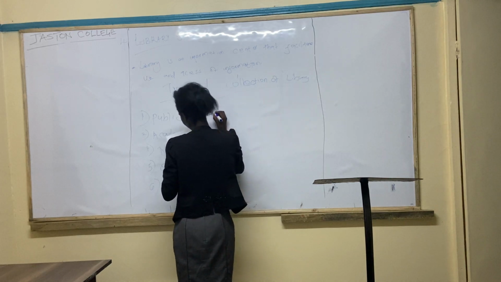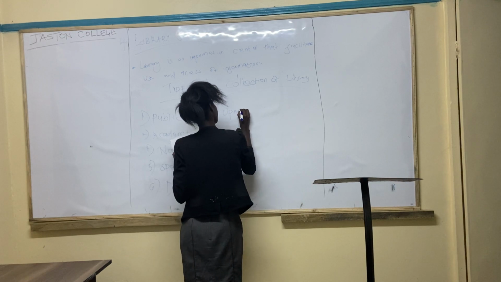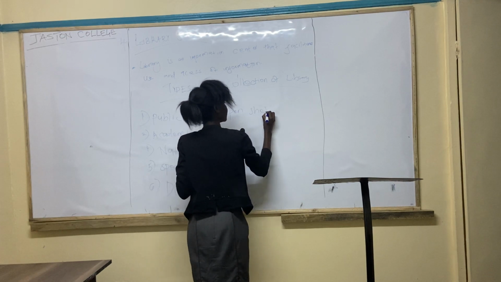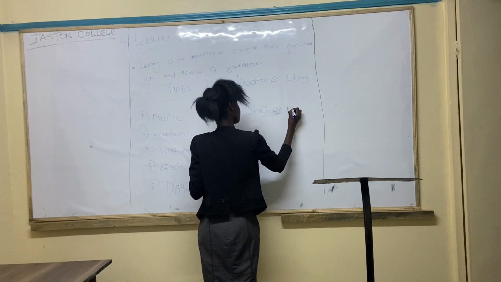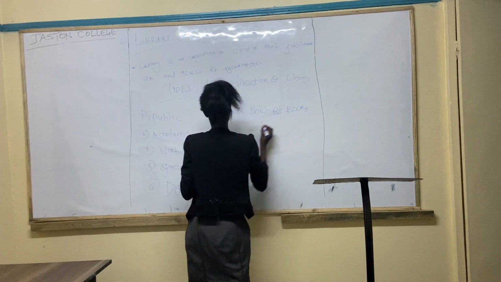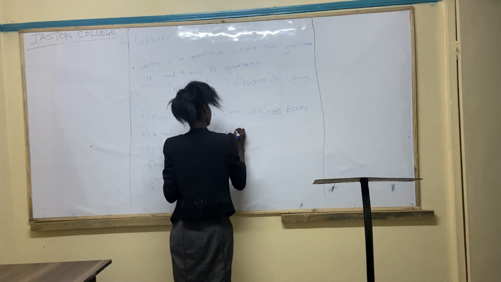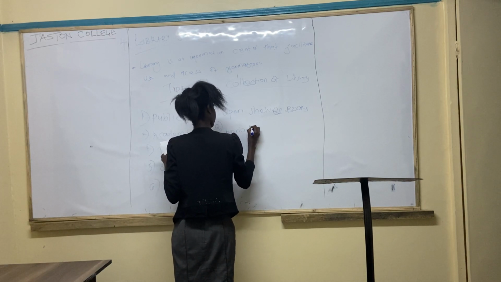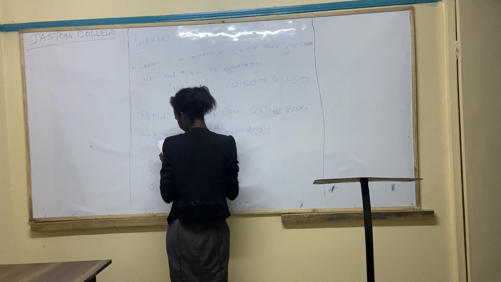So we have the first one, that is open shelf books. Number 2, that is periodicals. The third one we have short loan.